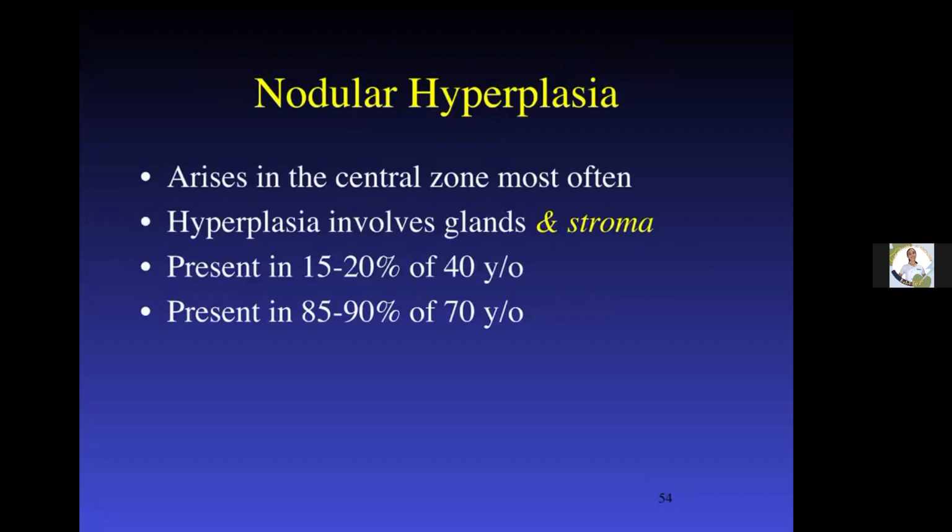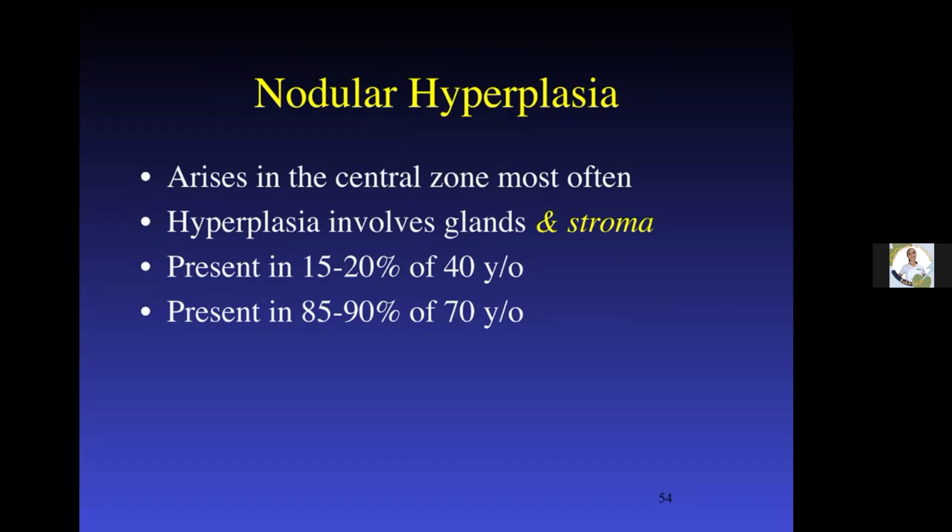Your nodular hyperplasia arises in the central zone. It involves glands and stroma, and it is present in 15 to 20% of 40-year-old males, and in 85 to 90% of 70-year-old males. So, men, as you grow old, it is expected that your prostate will enlarge.